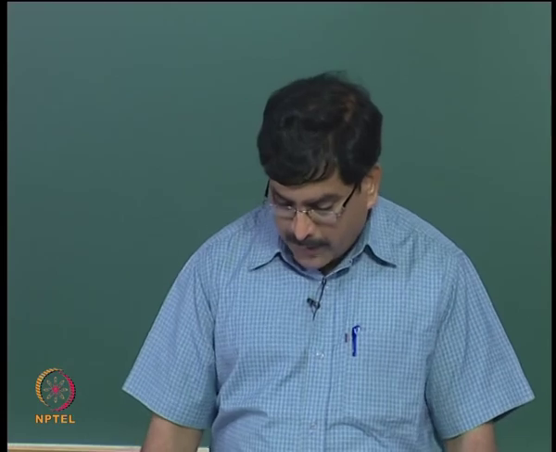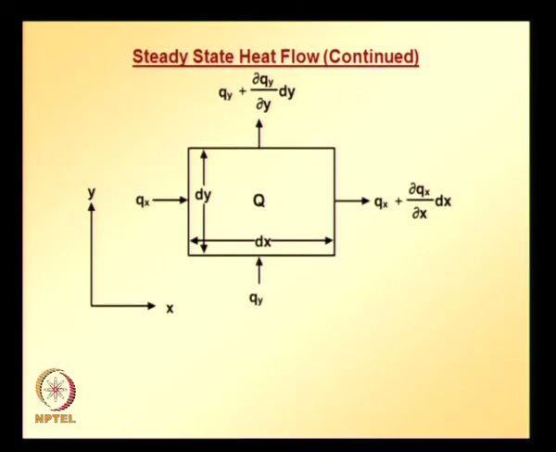So, let us consider this differential element in which all quantities are indicated: heat flux along x direction, y direction, and heat generated, and the dimensions of this differential element are dx dy, and the coordinate system xy is also defined in the figure.